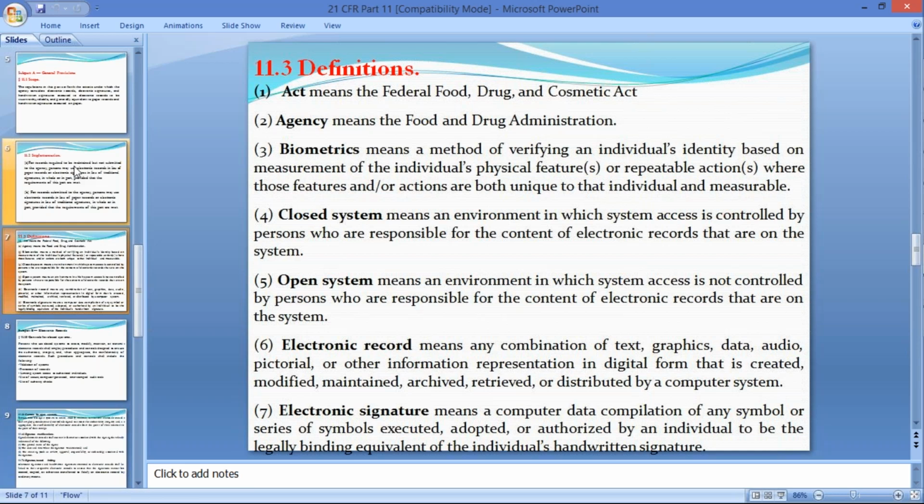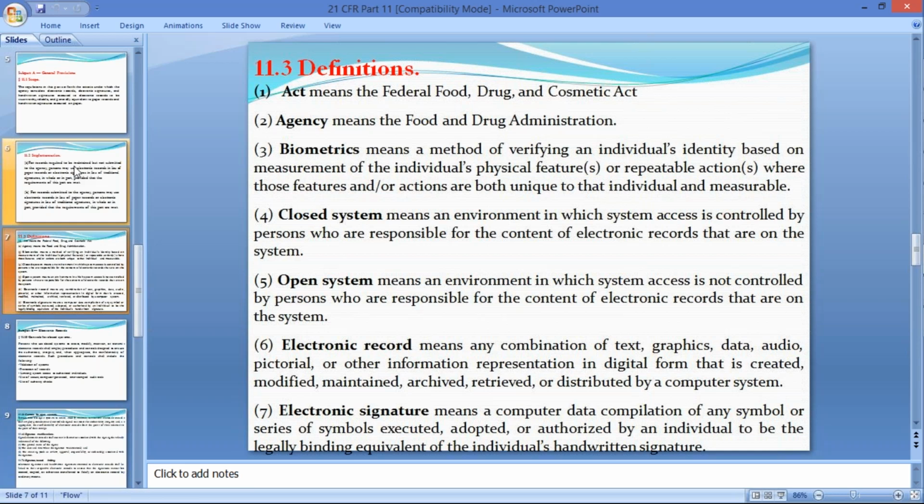Yes, I see. Okay. So we have open and closed systems. A closed system is an environment in which system access is controlled by the person who is responsible for the content of the records in the system. An open system is an environment in which system access is not controlled by the person responsible for the content of the records.